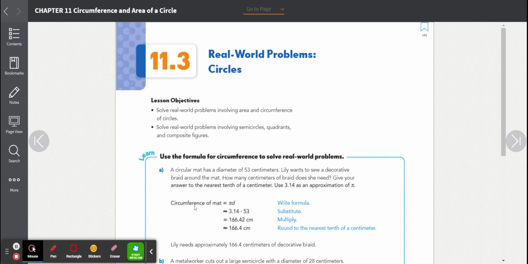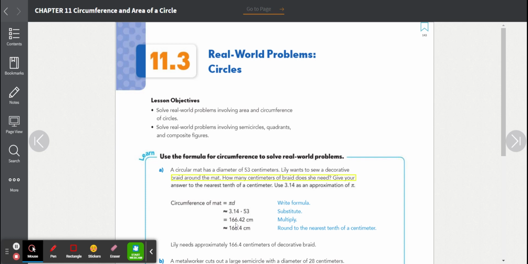We want to remember that in order to find the circumference of a mat, we are doing pi times diameter. So we're going to write our formula, and then we're going to substitute. For pi, we substitute 3.14, and for diameter, we go back here, and it tells us a diameter of 53 centimeters. So I'm going to plug 53 centimeters in, and then I'm just going to multiply, right?